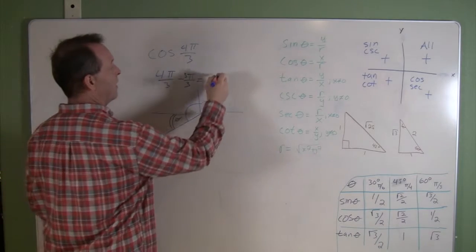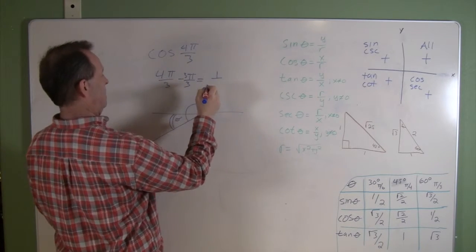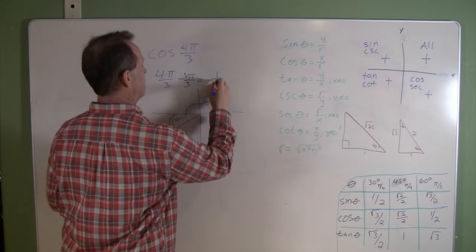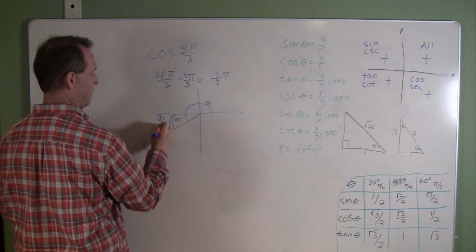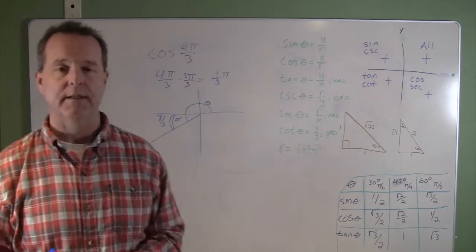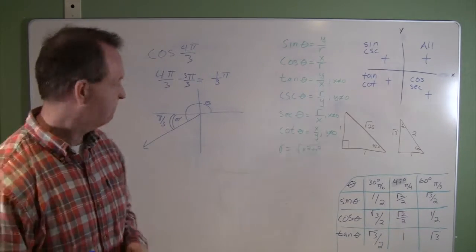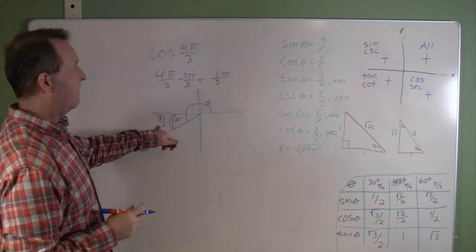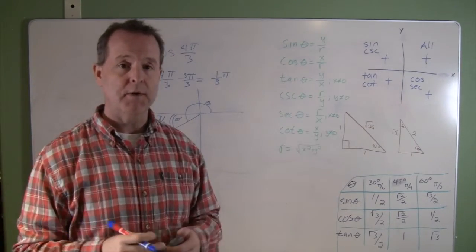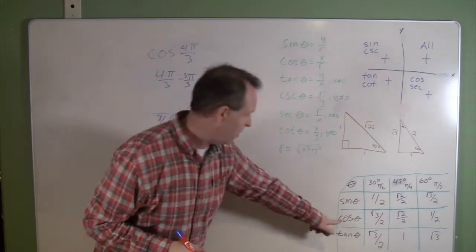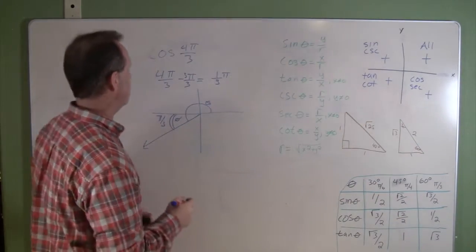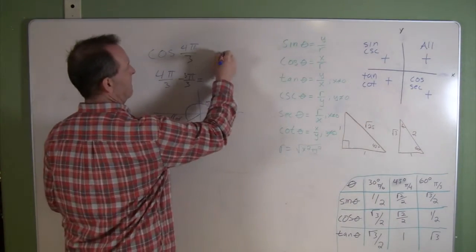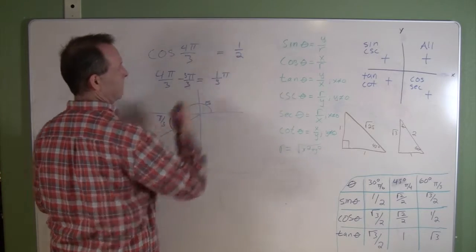So I'm left with 1/3 pi. So its reference angle is pi thirds. So if I can find the value of cosine of pi thirds, the value of cosine is 1/2.